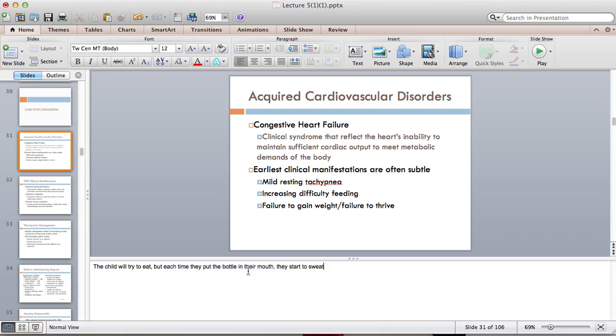Something is bothering that child. The heart is not able to maintain the status that it should. Of course, the baby is not eating, so they will not gain weight and will not grow as expected. You put their weight and height on the growth chart, and you see that it's way below your expectation. That child needs to be evaluated.